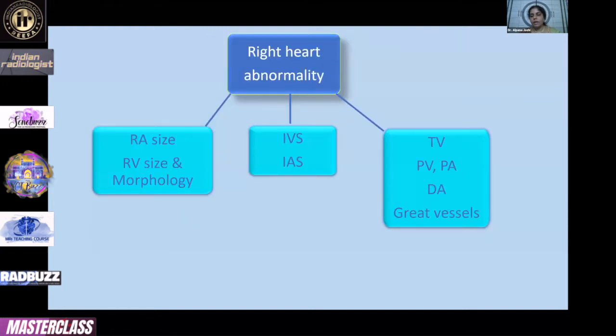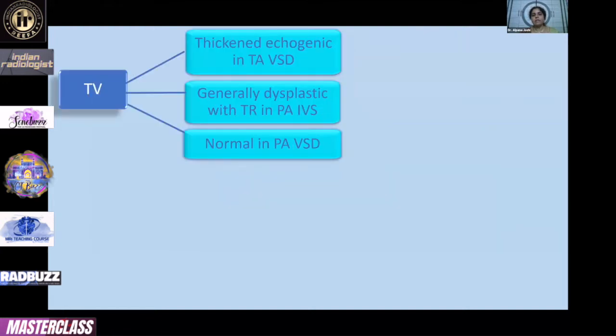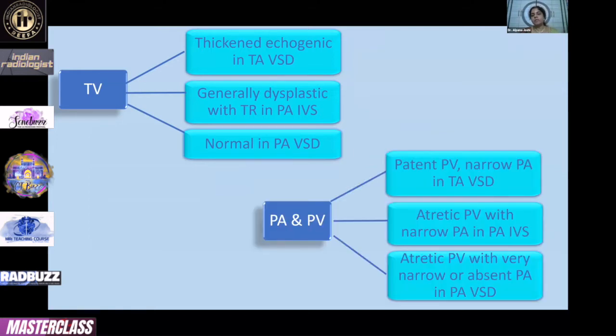And then you look at all these valves greatly: a thickened echogenic valve in TAVSD, a dysplastic valve with TR in PIVS, normal in PAVSD. And similarly, you can look at the pulmonary arteries to have these clues about the patent PV in TAVSD, atretic valve with a narrow pulmonary artery in PIVS.